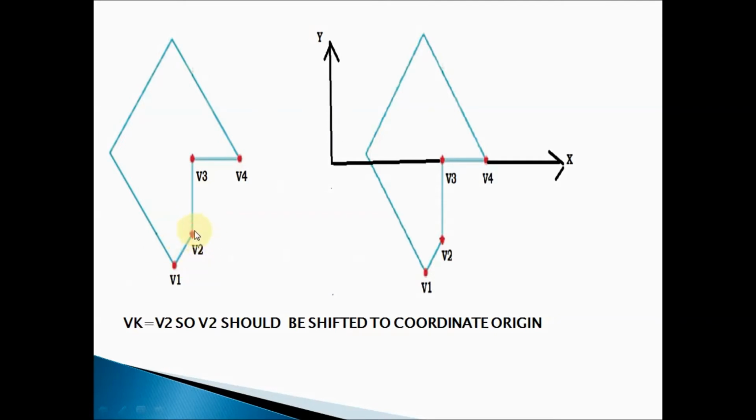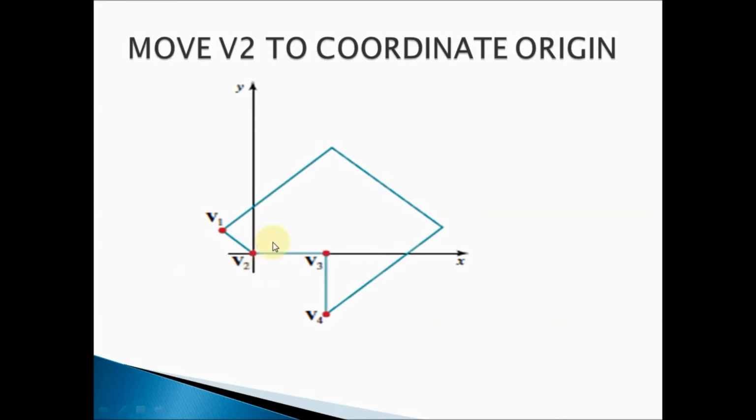Actually it is downwards here, but I have to move this v2 to the origin. So that's why I moved this v2, which is downwards, to the origin. You can see v2 is moved. It was somewhere here, but it is moved towards the origin.